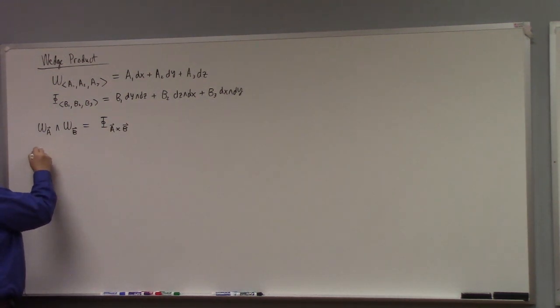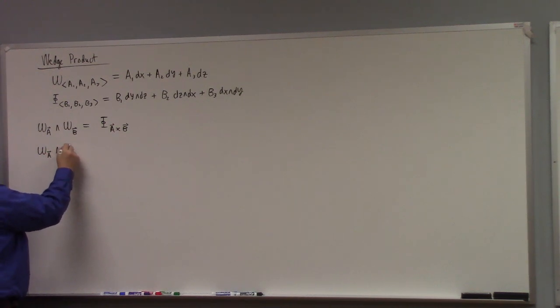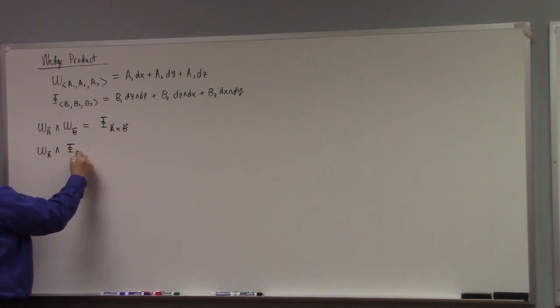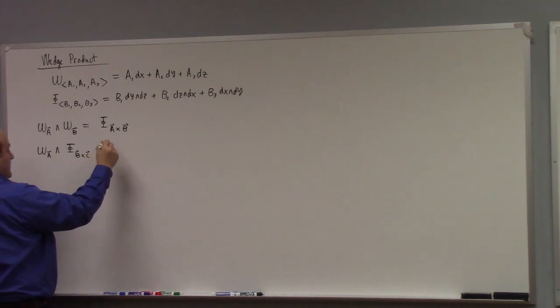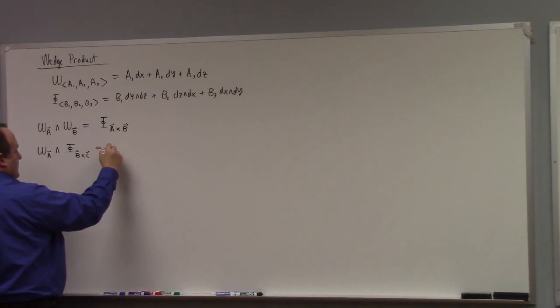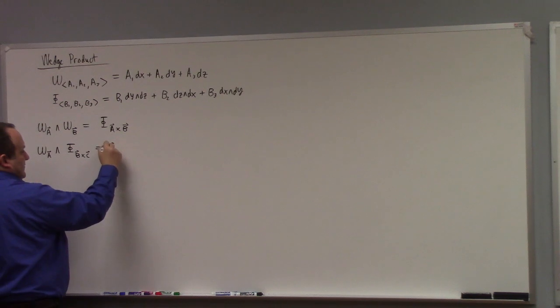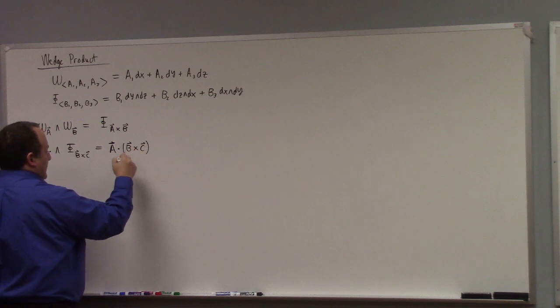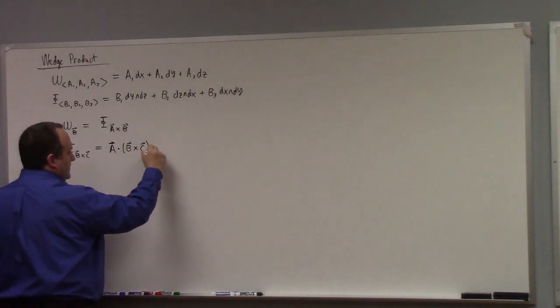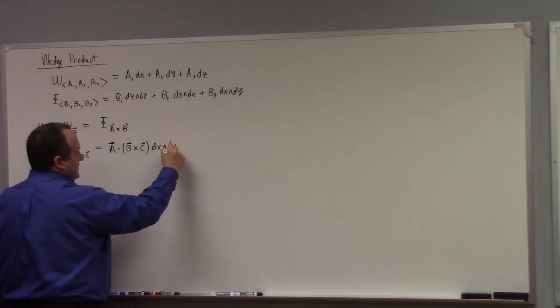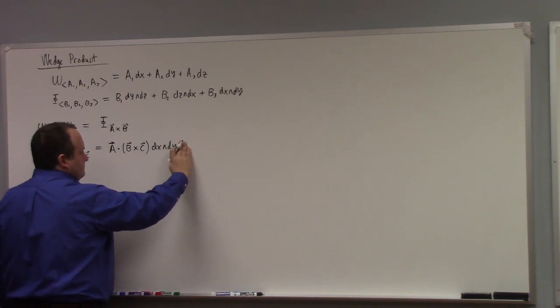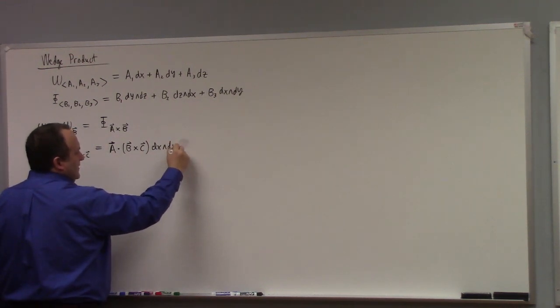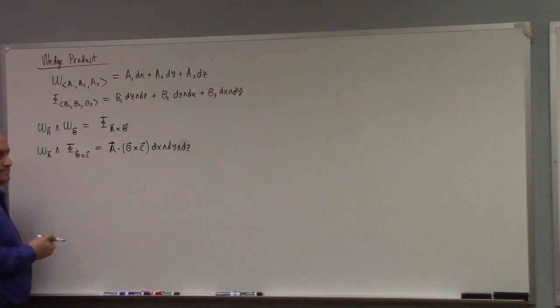And moreover, if we take the work form of A wedge the flux form of B cross C, then that gave us the triple product, the dot product of A with B cross C. You might remember that that's the signed volume of the parallelepiped with side vectors A, B, C.